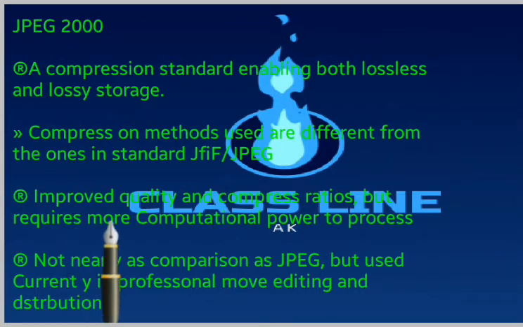Improved quality and compression ratio, but requires more computational power to process, not nearly as common as JPEG, but used currently in professional movie editing and distribution. So JPEG 2000 has improved quality and compression ratio, but it requires more computational power to process it. It is not used in almost all areas, but it is used in professional movie editing and distribution nowadays.